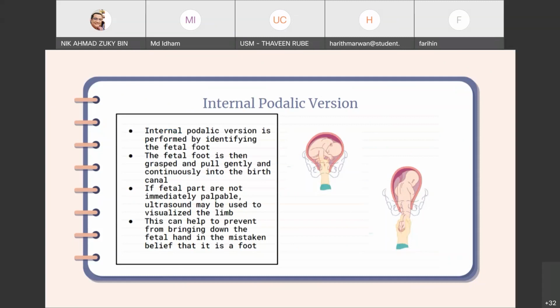Normally the obstetrician will grasp and pull gently the fetal foot into the birth canal. If the fetal part is not palpable or the obstetrician cannot confirm the fetal part, ultrasound guidance may be needed, to prevent bringing down the fetal hand if the obstetrician mistakes the fetal hand for the fetal foot.